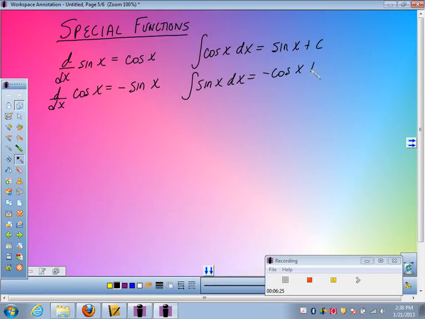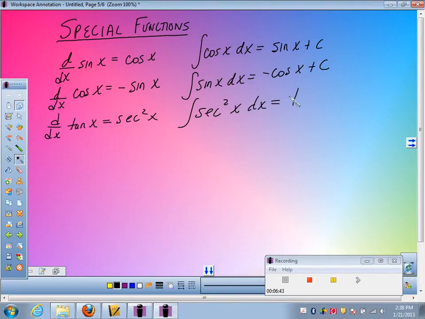The negatives are going to play with your brain a little bit. Okay, if the derivative of tangent was secant squared x, then we know when you're asked to do the antiderivative of secant squared, you're going to get tangent.